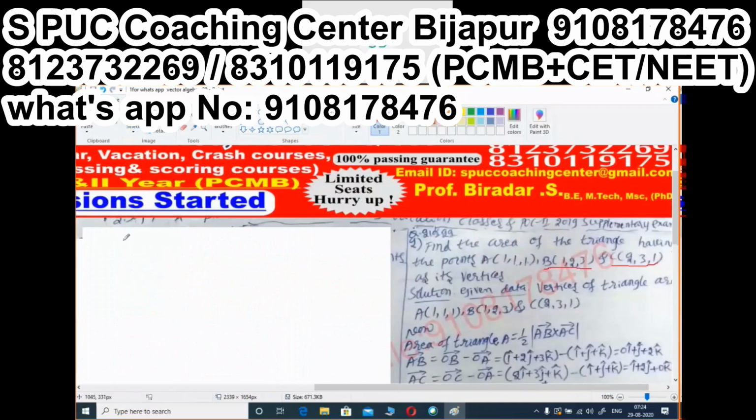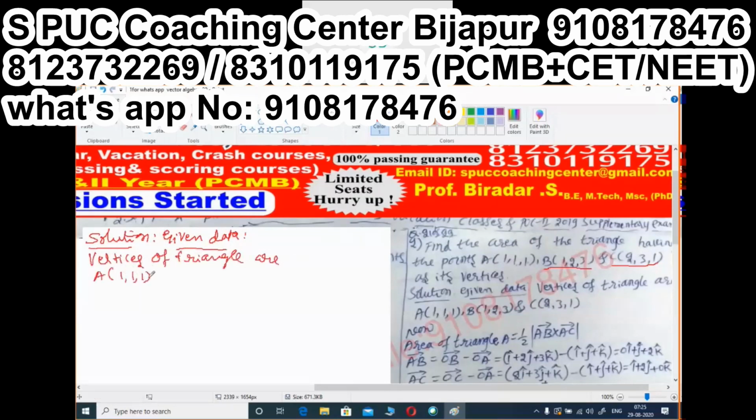Let us take the given data first. Solution. Given data. Whatever vertices of the triangle he has given, let us take those as A, B, C itself. The vertices of the triangle are: A vertex is 1 comma 1 comma 1.